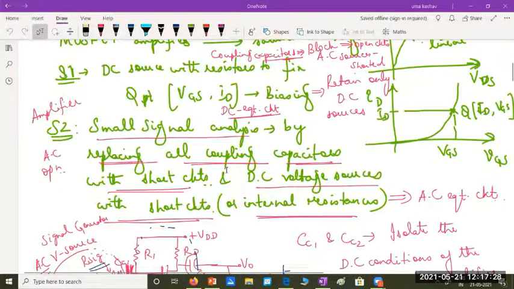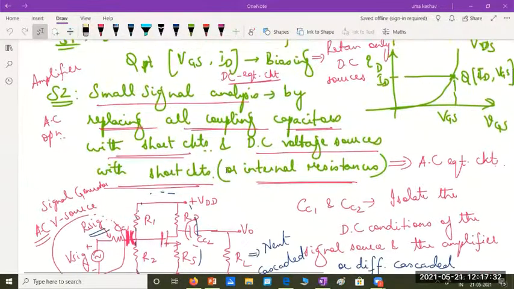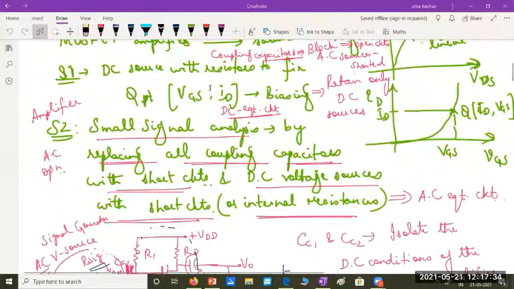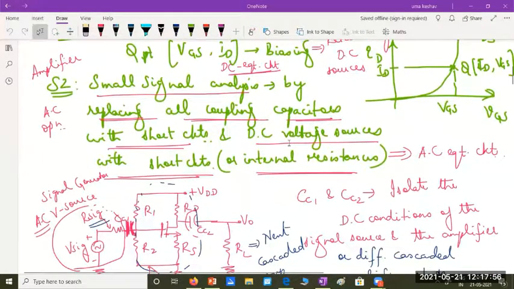That is called the AC equivalent circuit. So the DC equivalent circuit is: retain all DC sources, open all capacitors, short all AC sources. The AC equivalent circuit is: retain AC voltage sources, short all the DC voltage sources, and short the capacitors. If you remember that, it would be good.